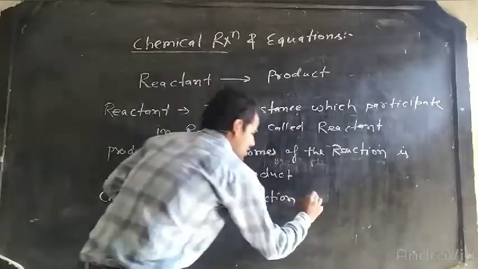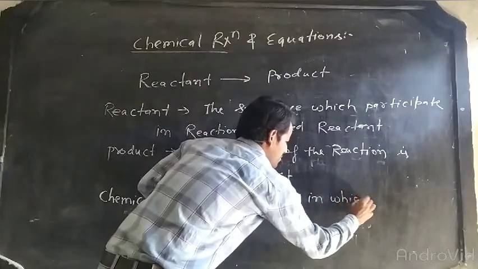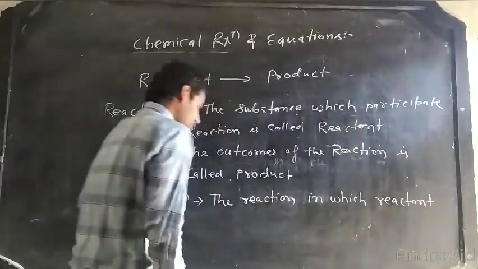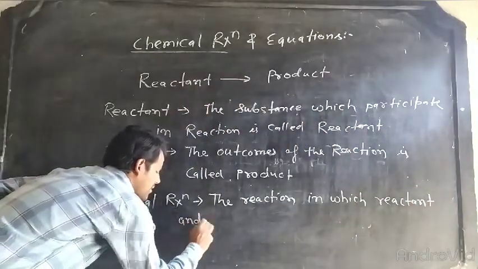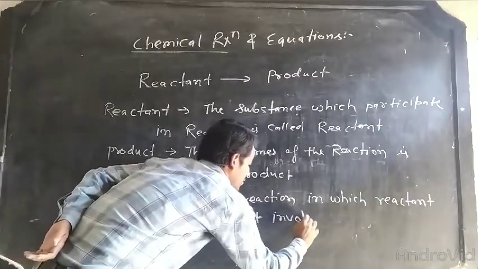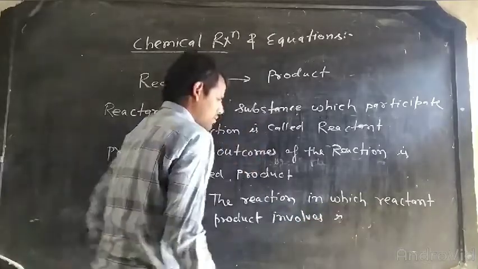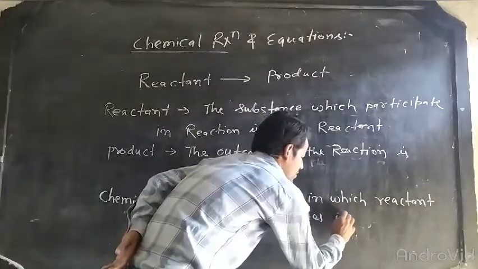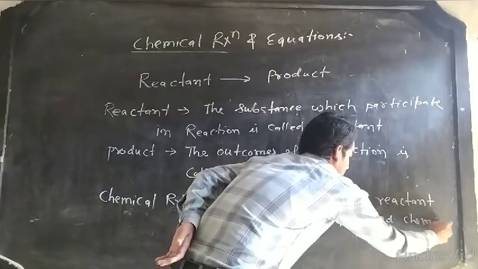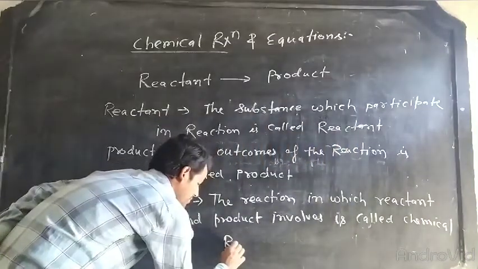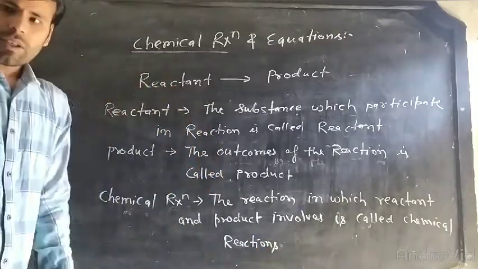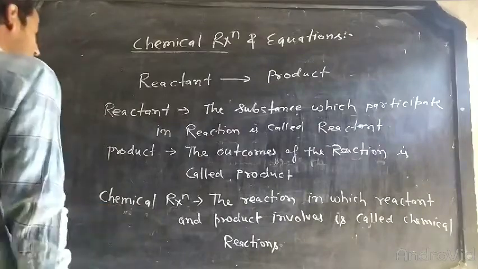The reaction in which reactant and product are involved is called a chemical reaction.